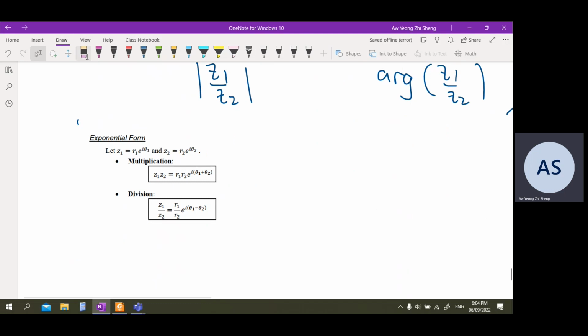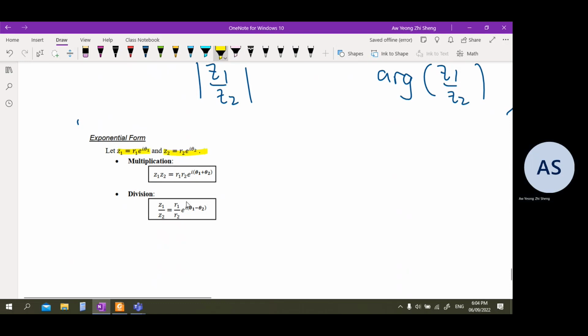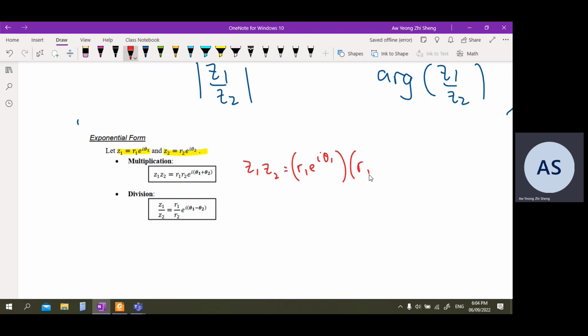So if Z1 has modulus R1 and argument theta 1, Z2 has modulus R2 and argument theta 2, then you can write your exponential form as this and this. And then when we multiply Z1 and Z2, this one is very straightforward. It becomes R1 e^(i theta 1) times R2 e^(i theta 2).